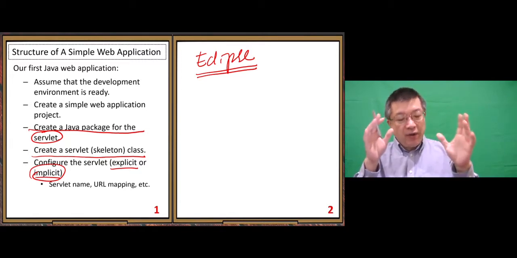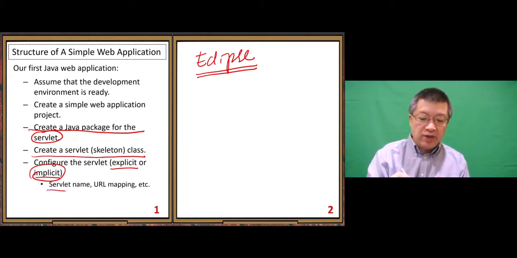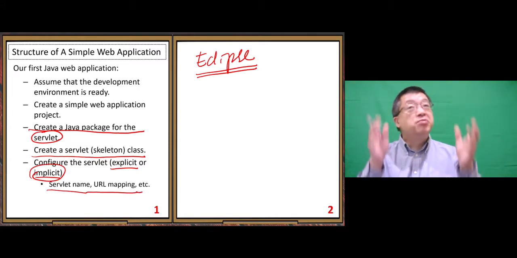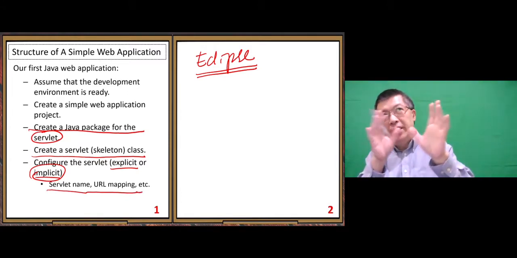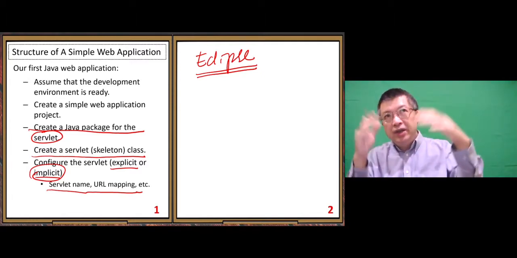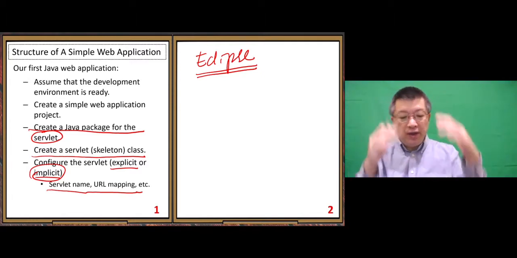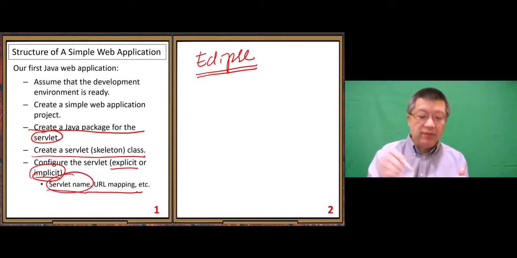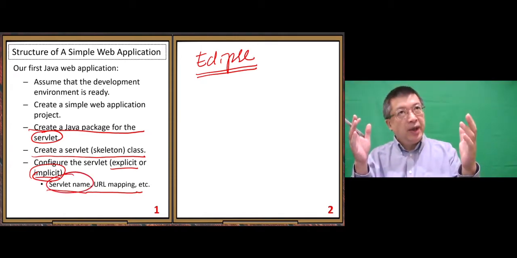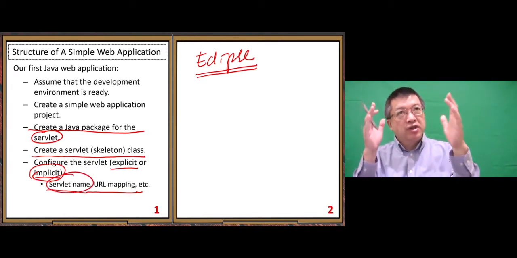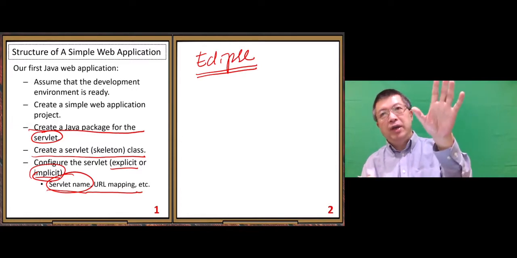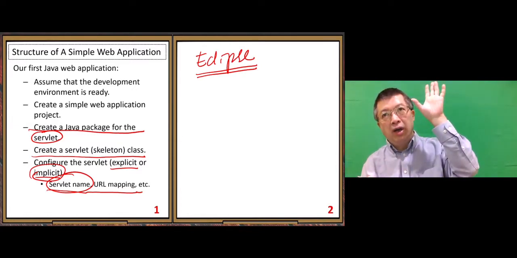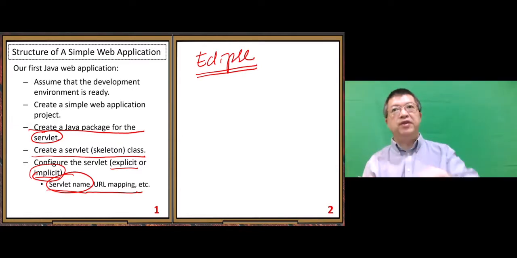In the configuration, some information should be specified. But for our implicit way, something could be omitted. For example, the servlet name is omitted, and the default servlet name is used. We will look at that default servlet name in our second video of this class.